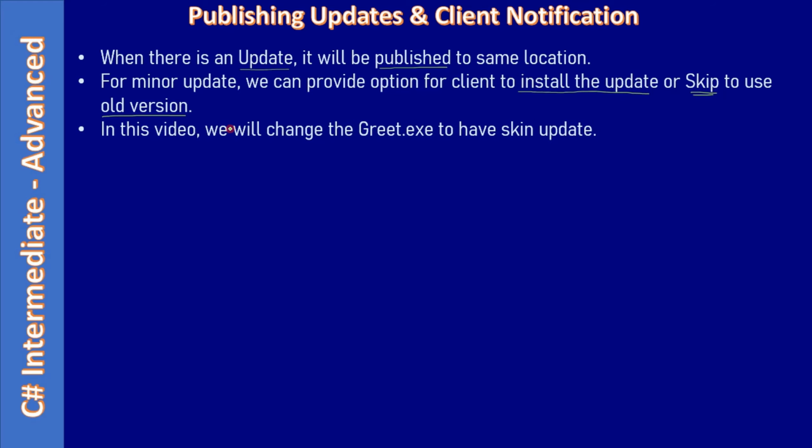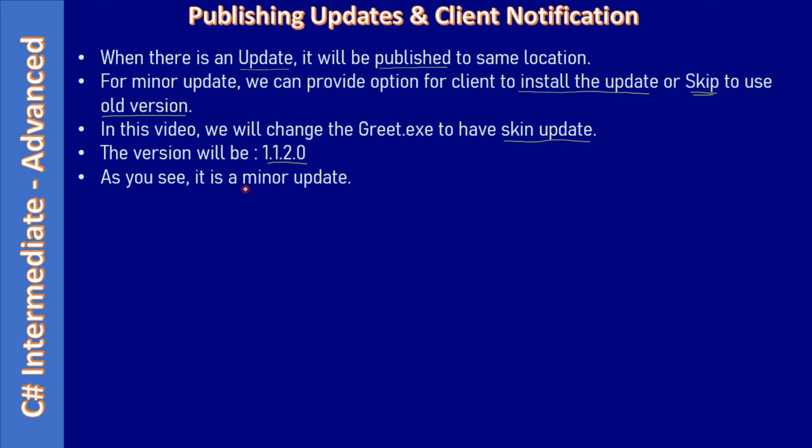Alright, in this video we will change the grid.exe to have a skin update. In the previous video we saw the background for the grid.exe is in gray color. Now we will change that to a blue color, and we will change the version number to 1.1.2.0.